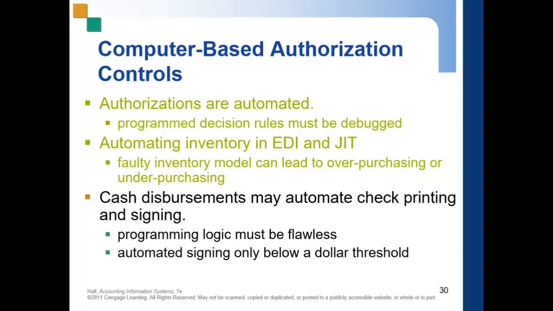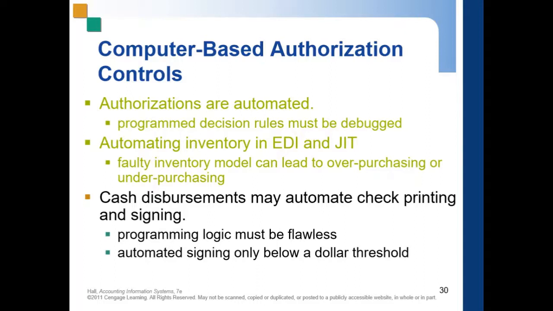Next, cash disbursements may automate check printing and signing. So, here, you need to make sure that your programming logic is flawless. And then the automated signing is only below a certain dollar threshold or certain amount. So, meaning, for instance, the company may set that if the amount payable is 10,000 or less, there is an automated signature on the check.